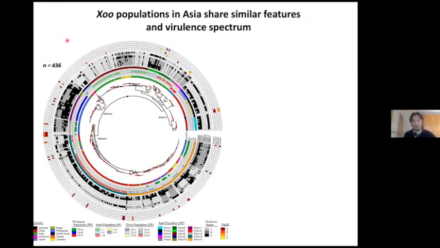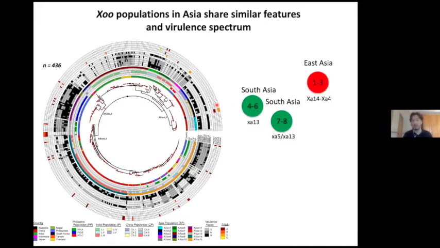As I mentioned, for these 15 populations represented here, we also know the phenotypes, and we try to understand the TAL effector repertoire. This tells us a lot about how the populations evolve, but also how they have prepared for interacting with rice.